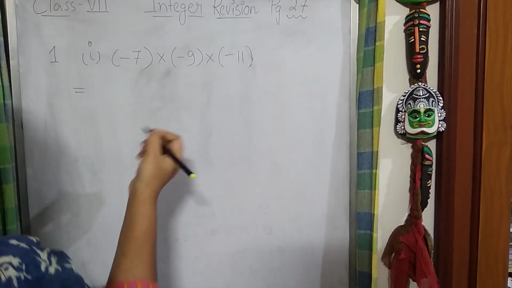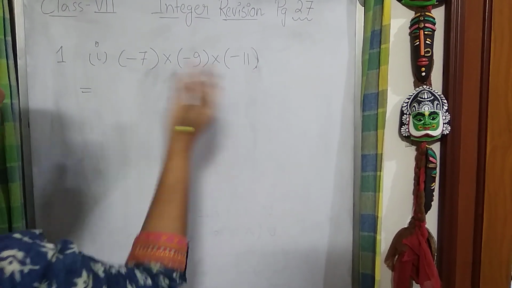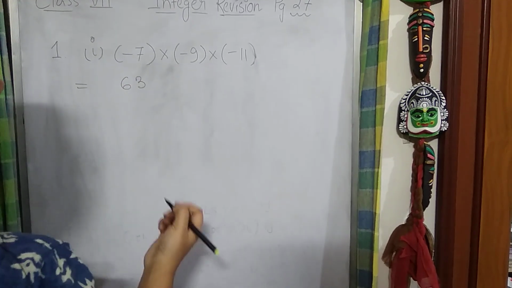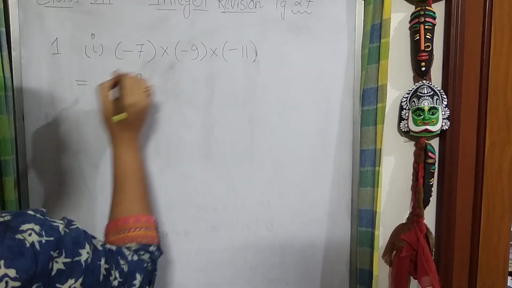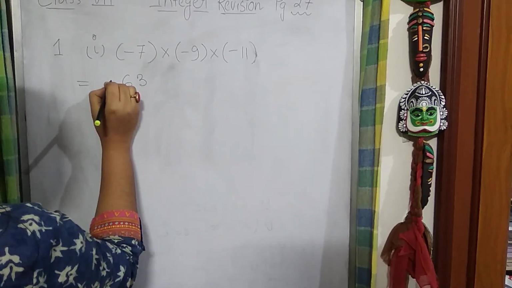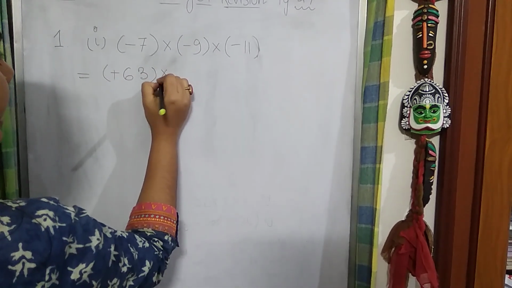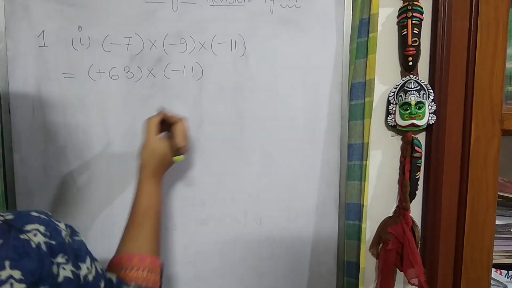Okay, so first let's multiply 7 and 9. When we are multiplying 7 and 9, what are we getting? 63, right? 9 into 7 gives us 63 as a result, and minus and minus together give the positive sign. And there is again minus 11 remaining.